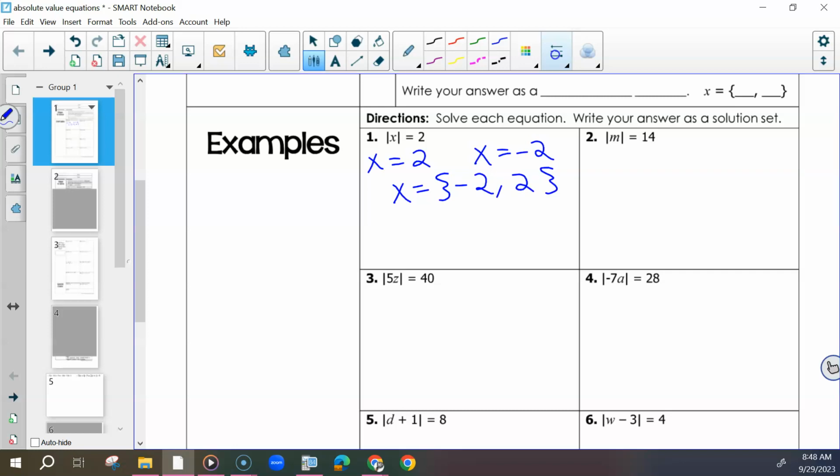When you have the same number, but one is positive, one is negative, you can also write it like this. Plus or minus is the name of the symbol 2. It just means negative and positive 2, instead of writing them out separately. Do we have questions on that one before we move on?